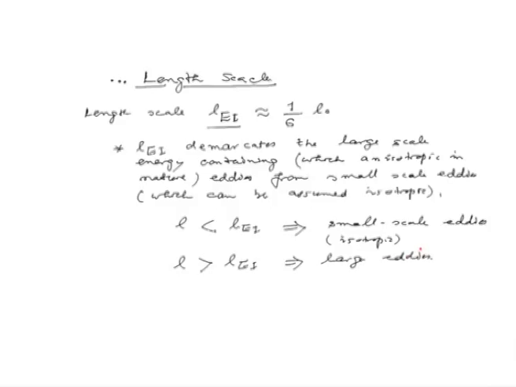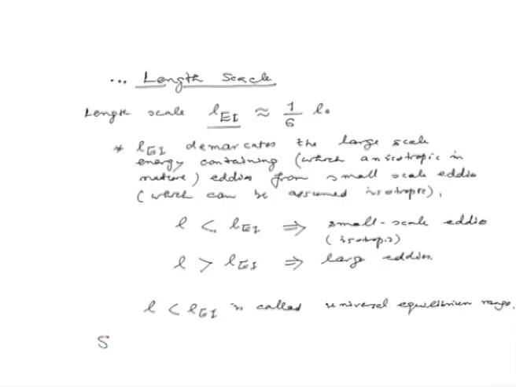They are the ones which would be primarily extracting the energy from the mean flow. Okay. Now, for L less than LEI, we will have a specific length scale range. This is referred to as the universal equilibrium range.